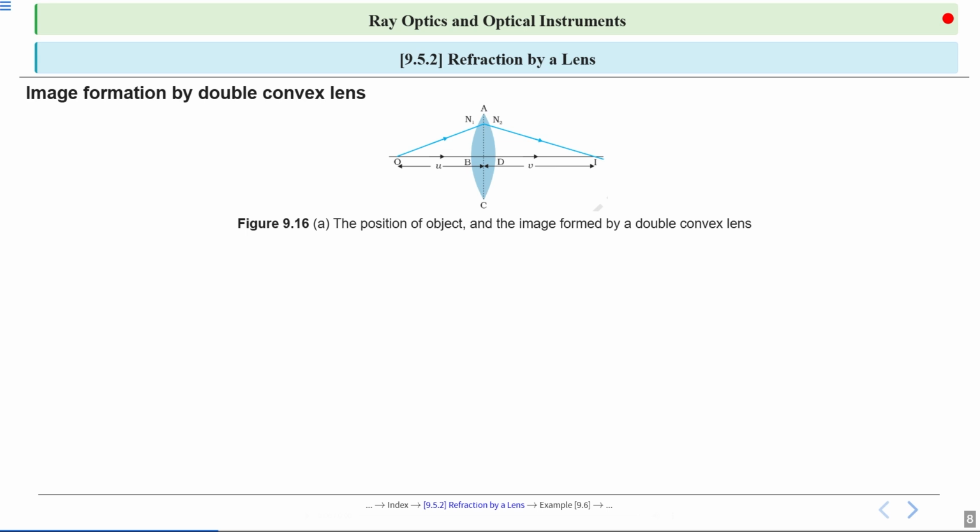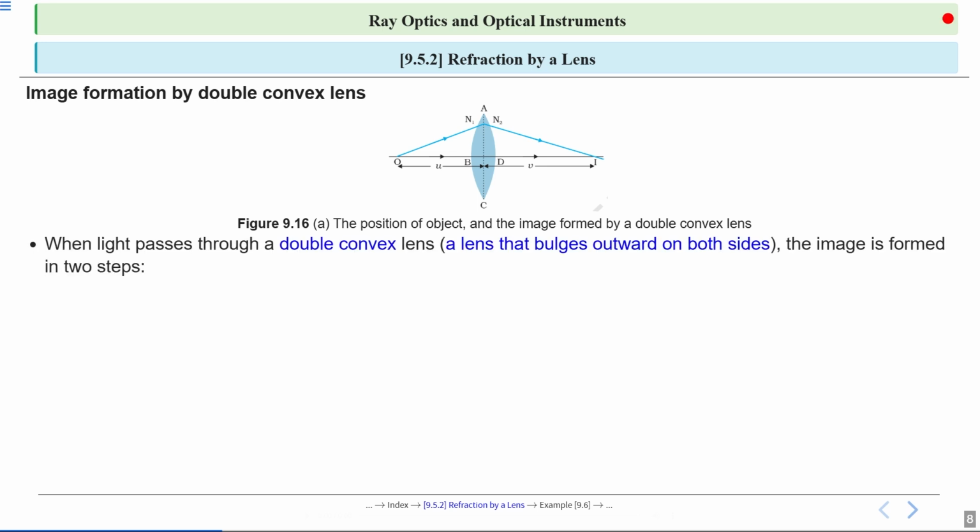Both the surfaces are convex. Okay, and the intersection point of the principal axis and the bisector AC. You can see AC bisector dashed line and principal axis. The intersection of both these lines is called optical center. That is the center of the lens.